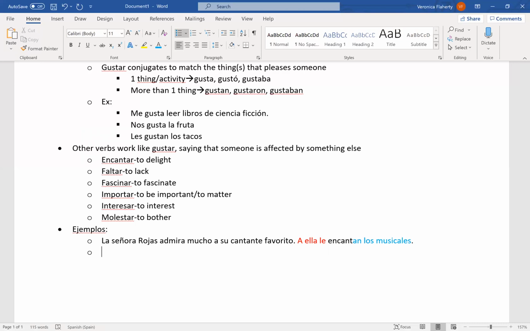Let's try another one. Ustedes piden sopa, pero solo tienen un tenedor. You order soup, but you only have a fork. A ustedes una cuchara. You guys are missing a spoon. You're lacking a spoon. A spoon is lacking from you.